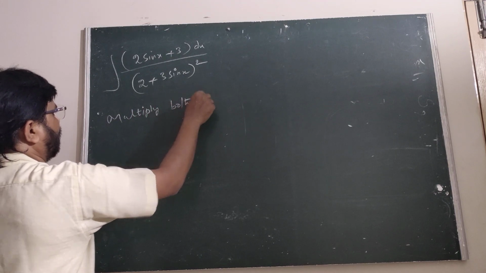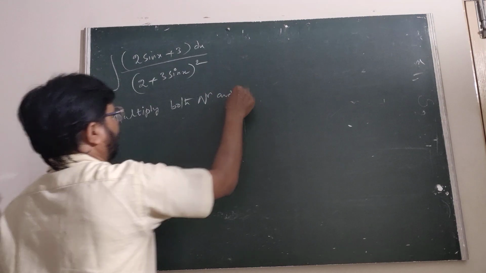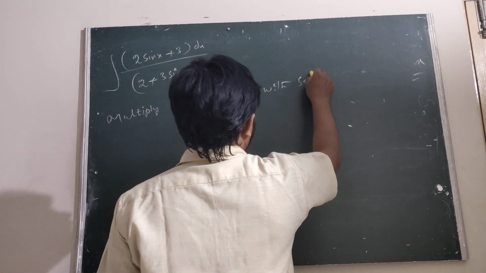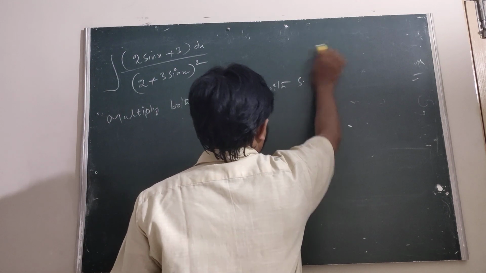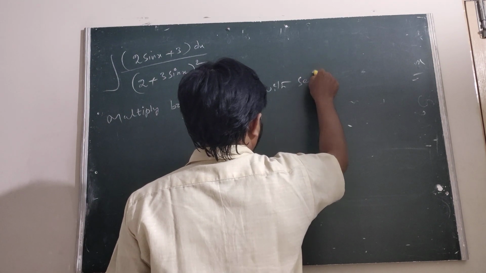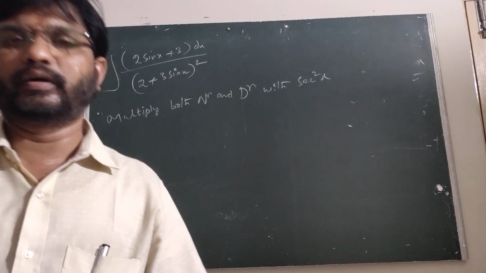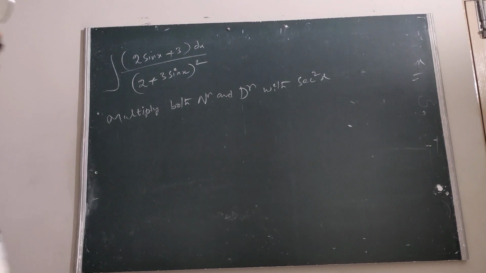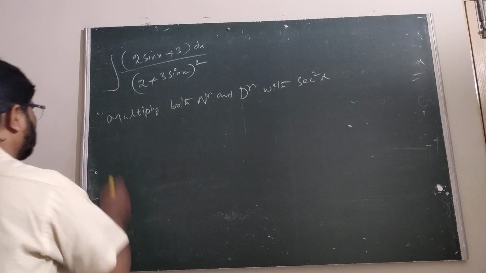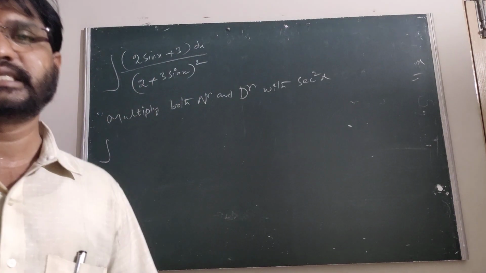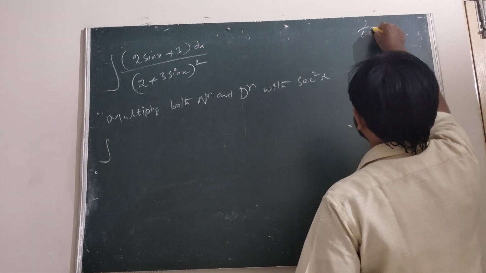Multiply both numerator and denominator with secant square x. Secant square x is nothing but 1 by cos square x.